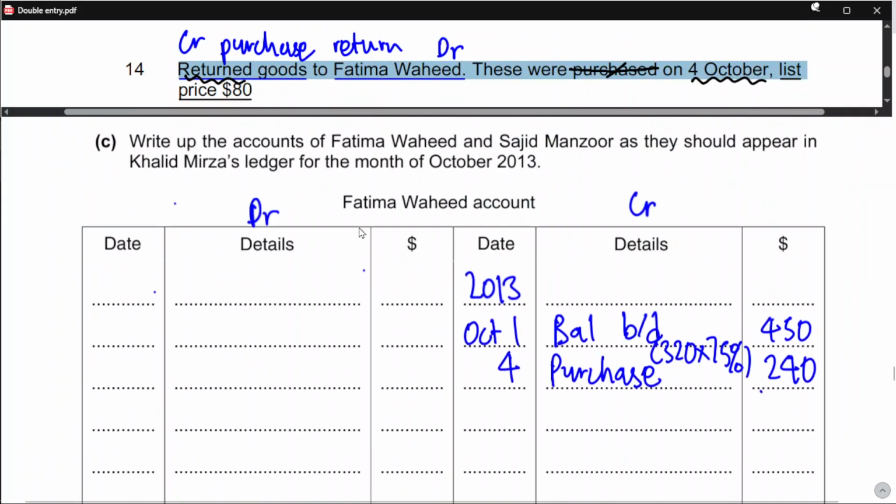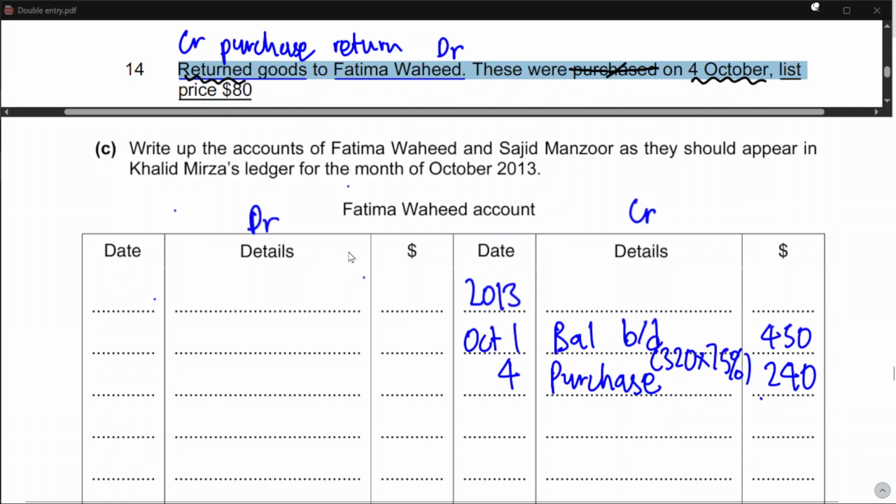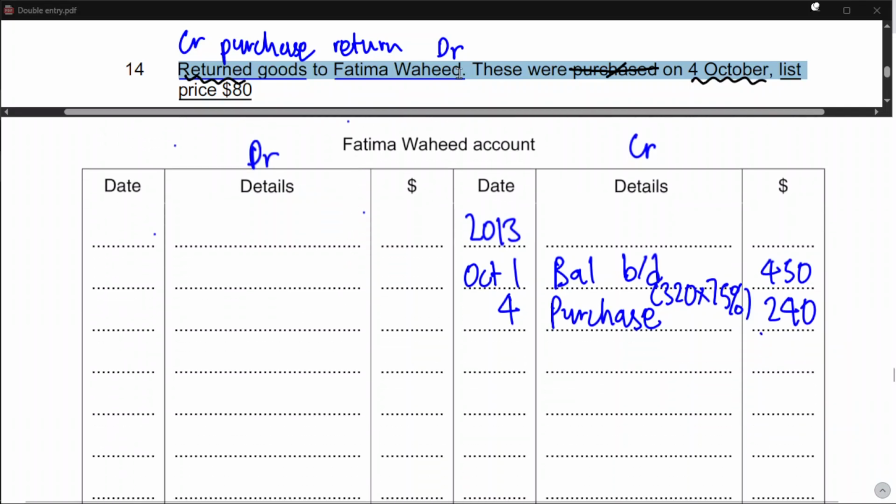Fatima Wahid. Go to Fatima Wahid account. Then Fatima Wahid debit purchase return, by the 4th October. Then 80.